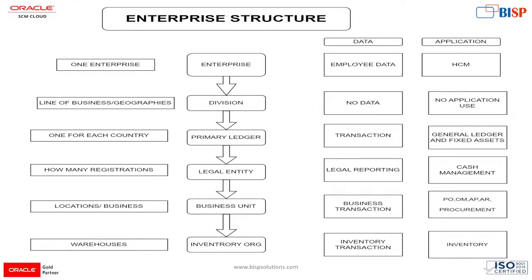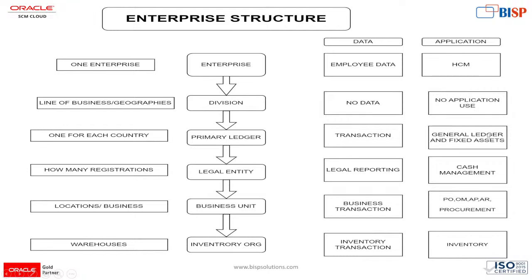So in the enterprise structure, you can see this is one per instance. The division concept is there, but right now is not in use in the application. And you got one primary ledger per country. Minimum one primary ledger you have to create, and in this primary ledger the transactions related to your general ledger and fixed assets are there.